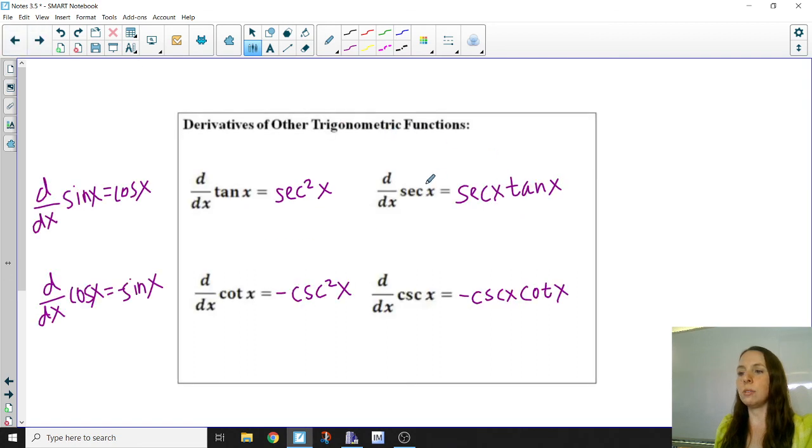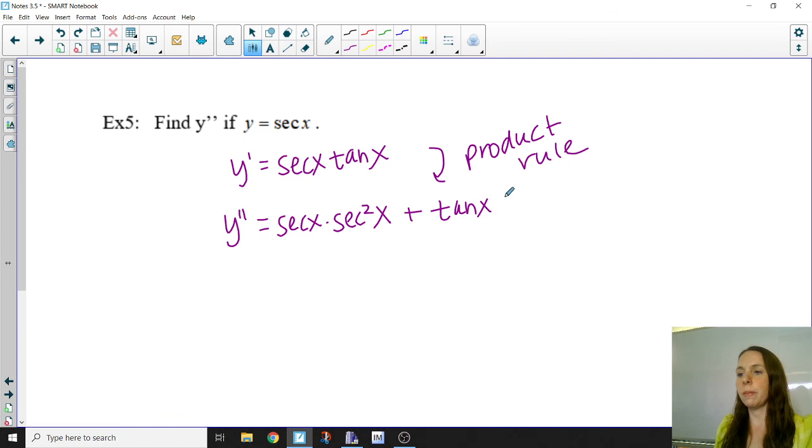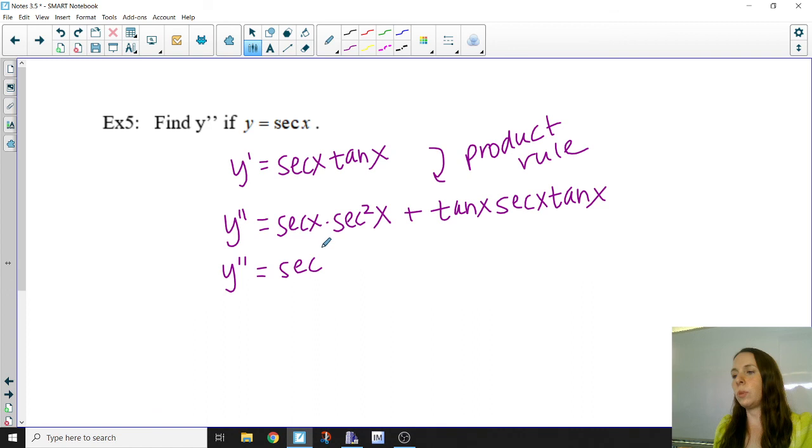Once again, the derivative of secant x is secant x tangent x. Finally, simplify slightly. We have secant cubed x plus secant x tangent squared x as our second derivative answer.